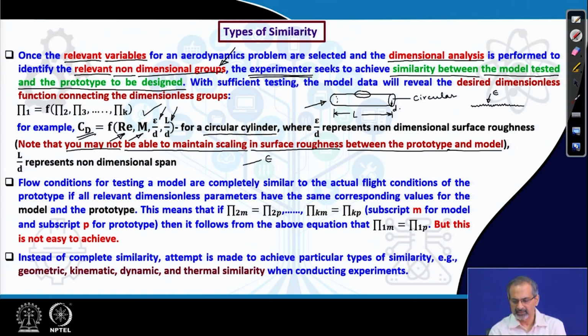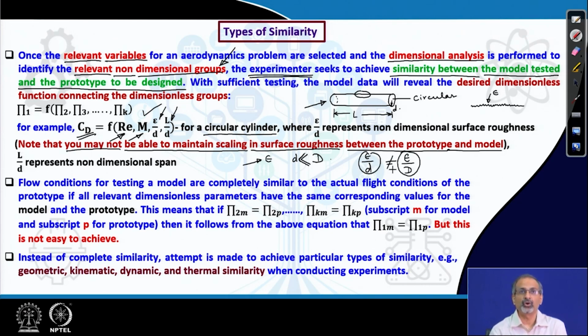In that case, the epsilons between the model and the prototype are comparable, because you have used the same manufacturing or machining process, but the diameter of the model is often less or much less than the diameter of the prototype, and therefore, the scaling epsilon by small d and epsilon by capital D are not going to match.